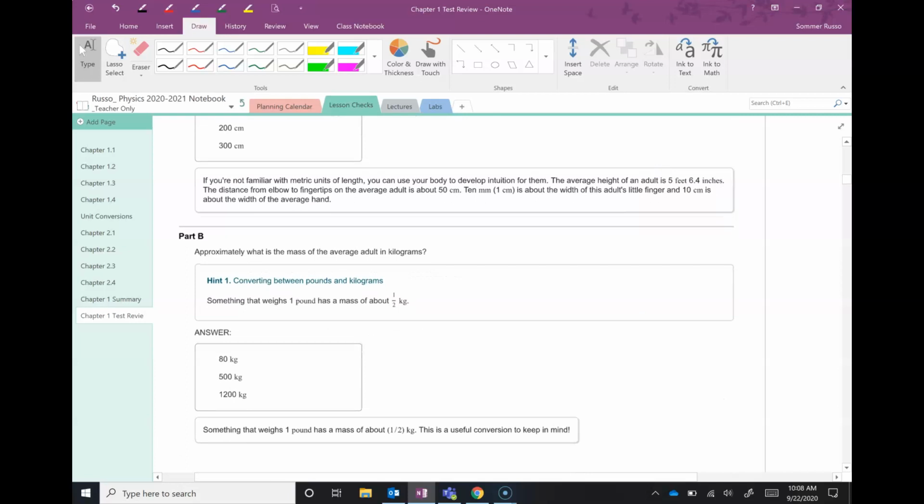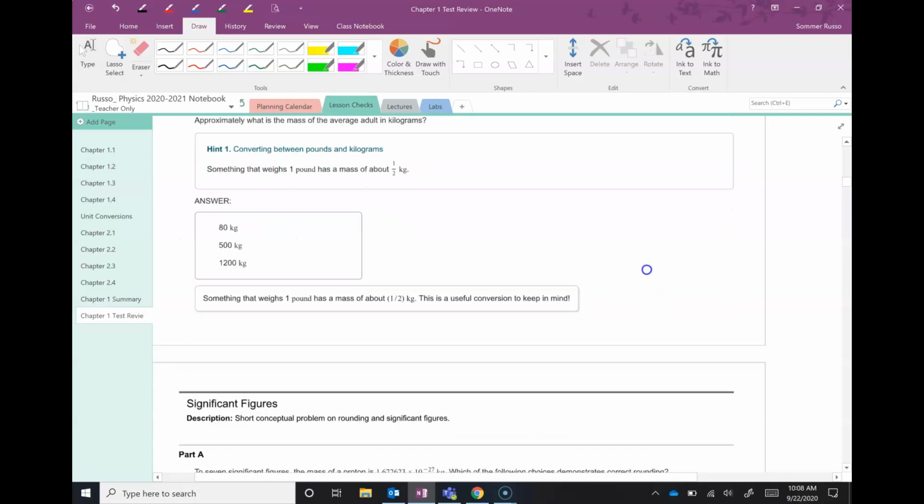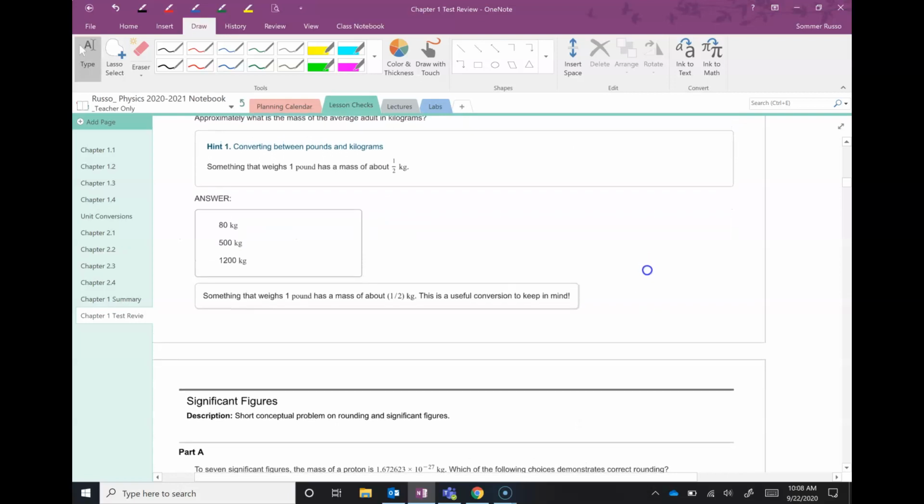The same thing is going on for the mass. One pound is about half a kilogram, so if the average person is about 100 pounds, they're going to probably be double that.